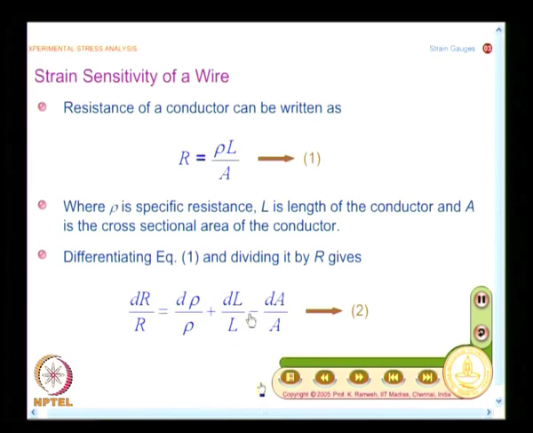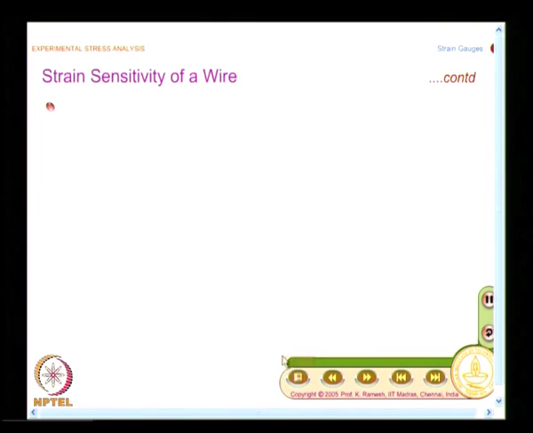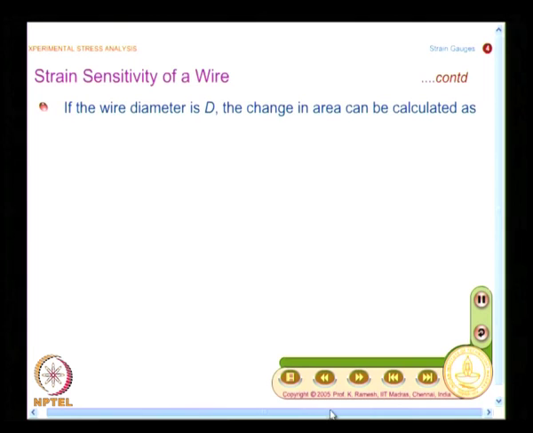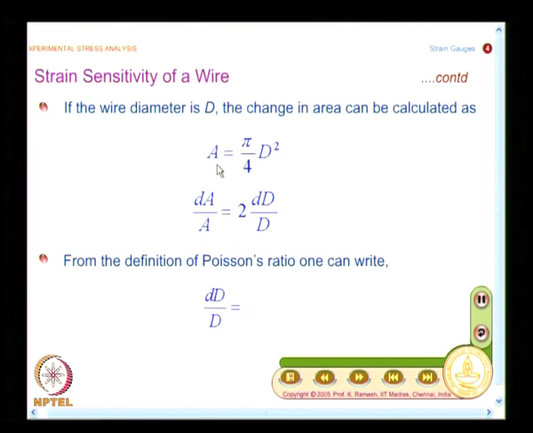And from your geometry and also your Poisson's ratio effect, I can write dA by A conveniently. That is what I am going to do. Suppose I take a wire of diameter d, I have area of cross section is given as pi by 4 d square.